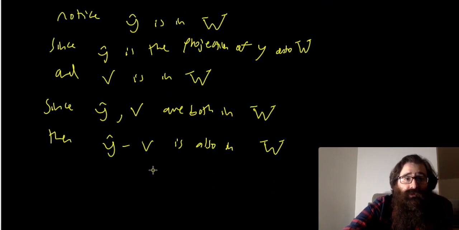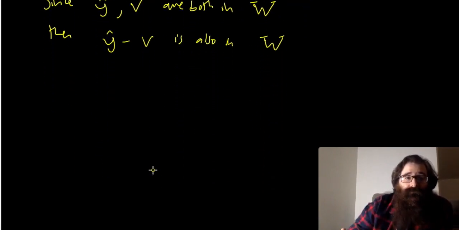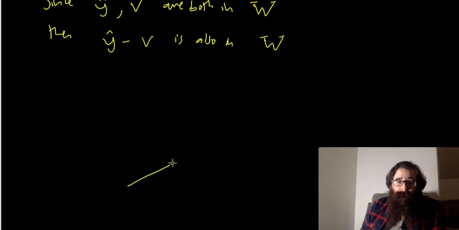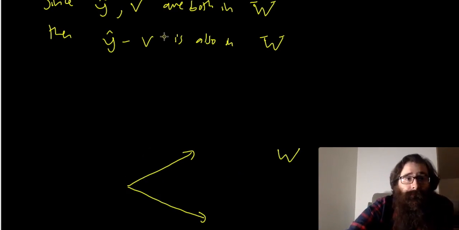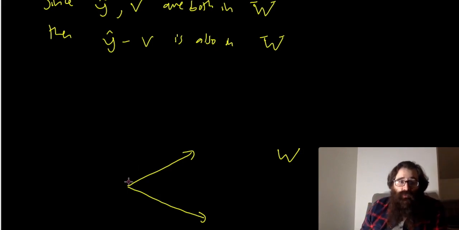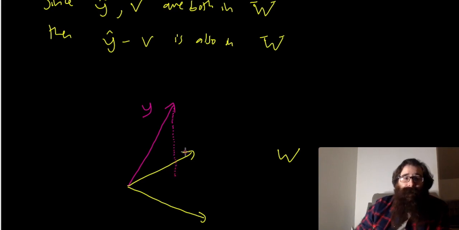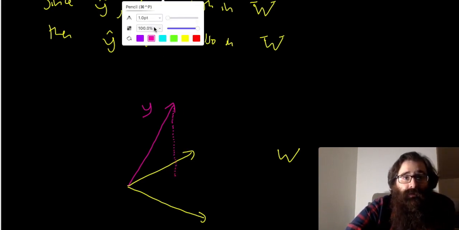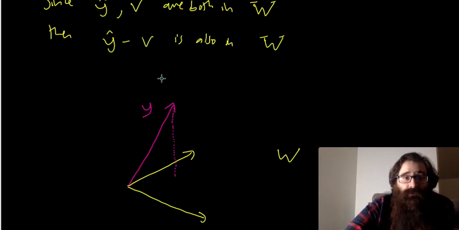Now, let's get a picture here. Let's have these vectors here, and this is my subspace W. Then I have vector y, and vector y, let's say, is not in subspace W. And I'll drop down right there, and I can now build my projection vector.